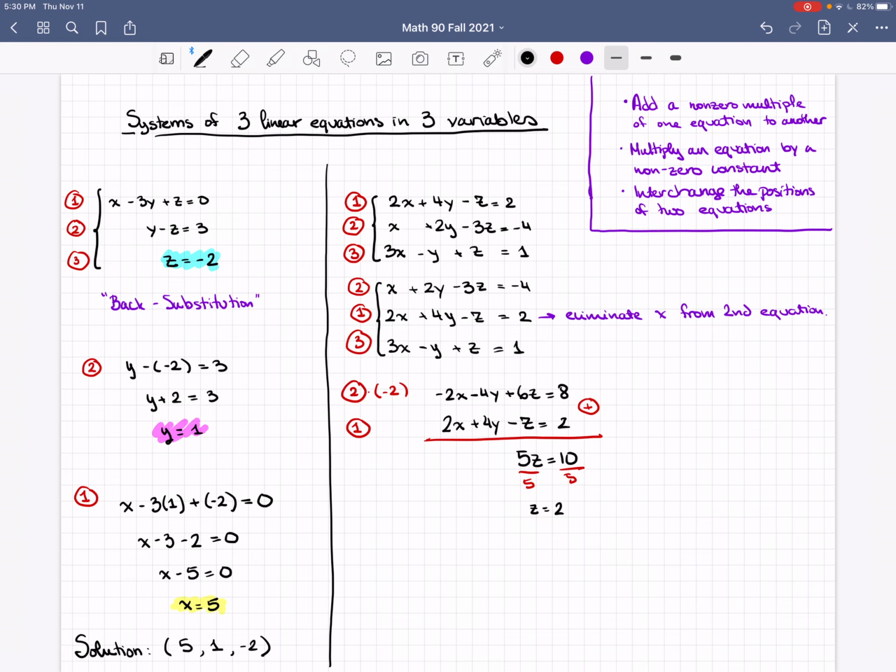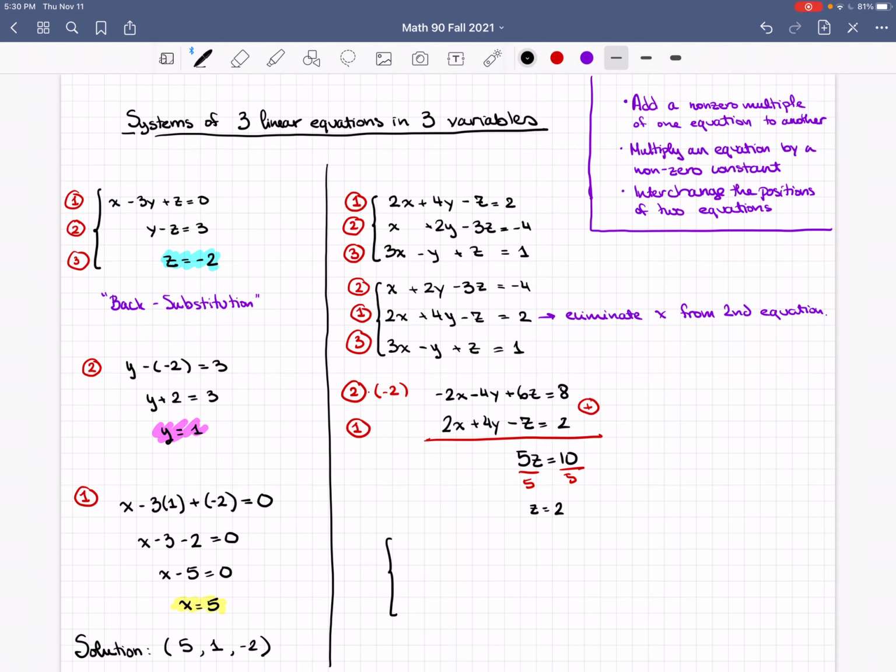So in fact, I overshot. I meant to just eliminate x, but I eliminated both x and y. That will happen sometimes.